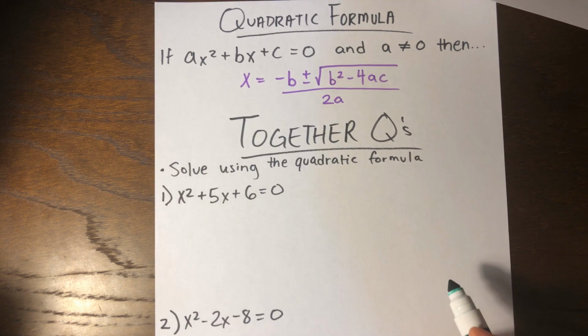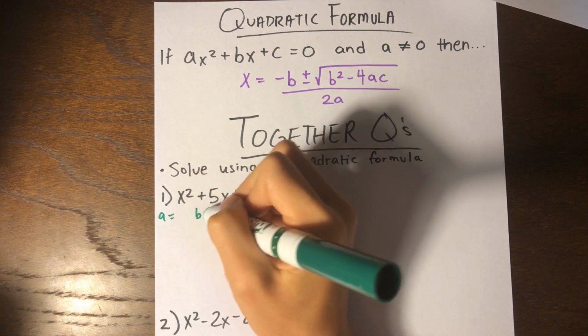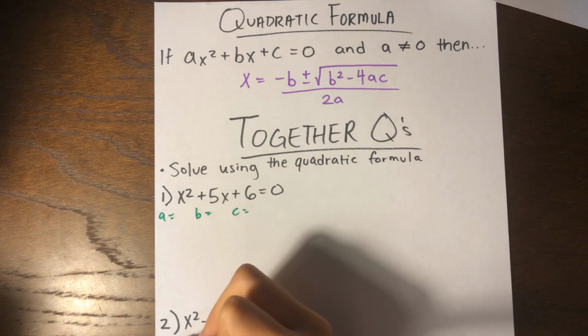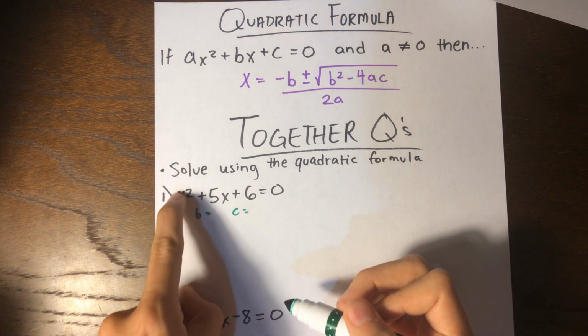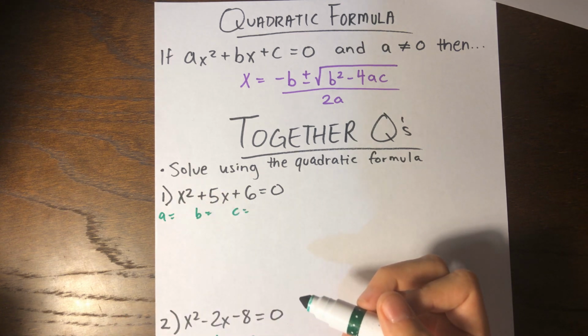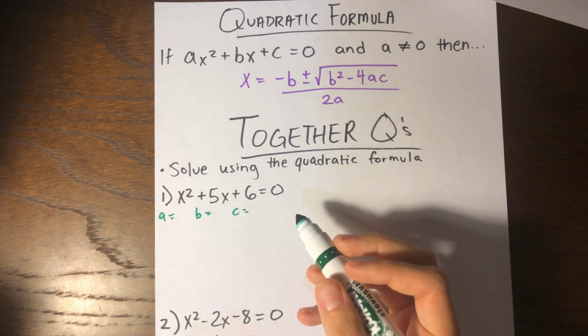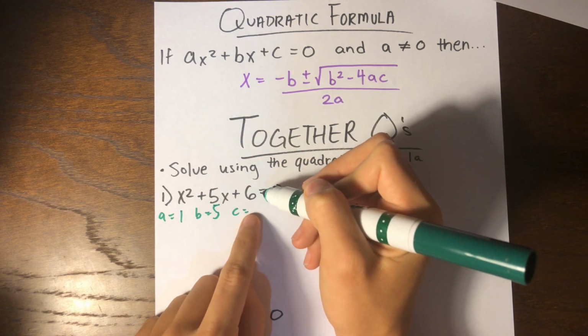The first thing we need to do is establish what's my a, b, and c, okay, for all of them. So a and b are the coefficients in front of the x values, and c is the constant. So my a is 1, b is 5, c is 6.